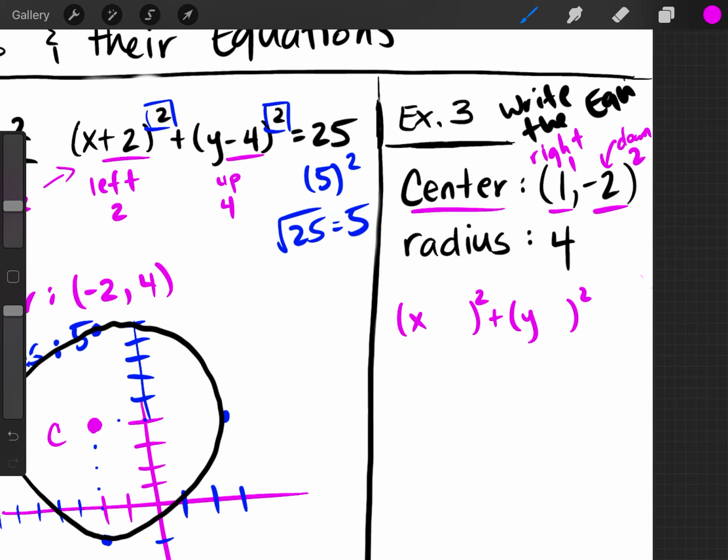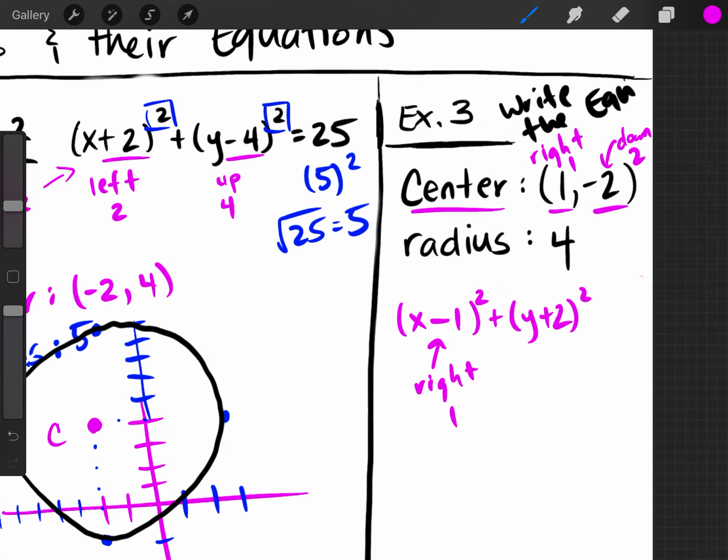Now again, we have to think opposite, right? Immediately when we see right 1, we want to say, oh, x plus 1, that's right 1. But again, we have to think opposite there. Instead of it being x plus 1, we're going to go x minus 1. That's telling us to go right 1.